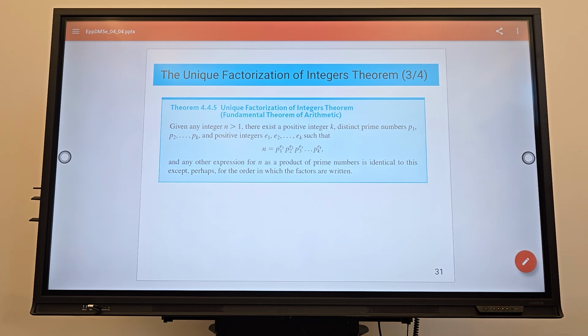And any other expression for n as a product of prime numbers is identical to this, except perhaps for the order in which the factors are written.